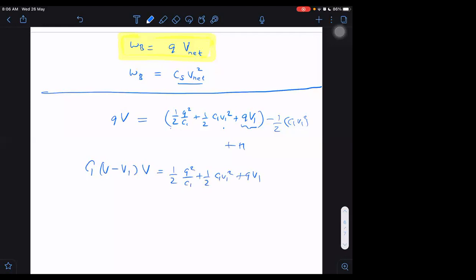In fact, this Q into V1, I can again write as minus half of C1 V1 square plus H. What is H coming out to be? C1 of V minus V1 whole square minus half into Q square by C1.